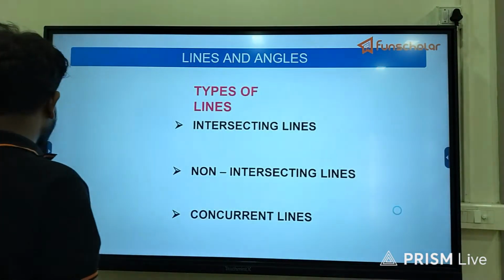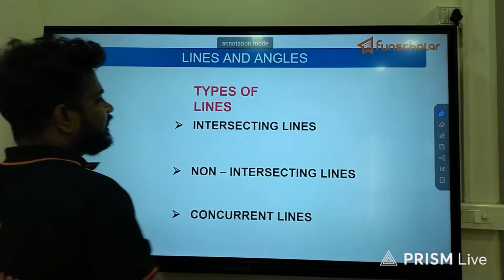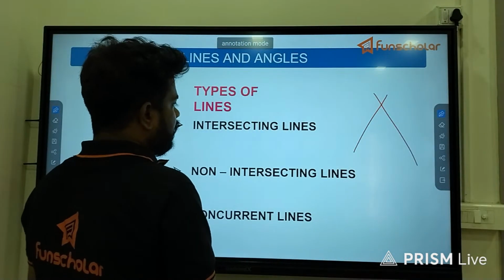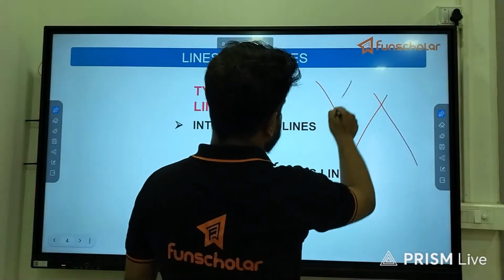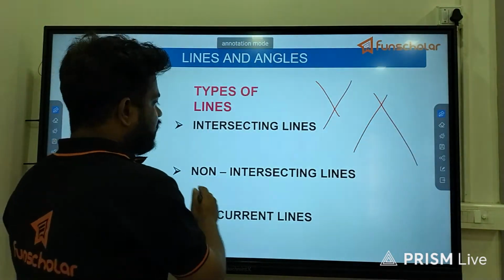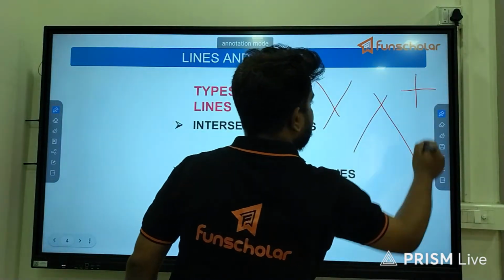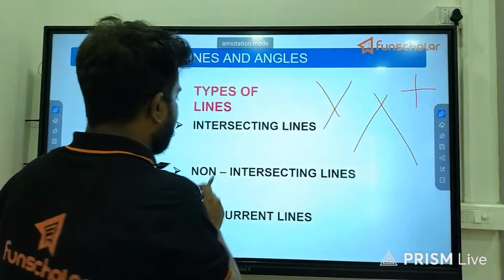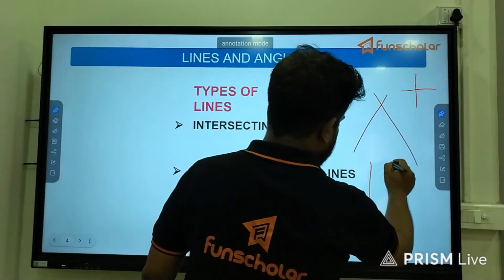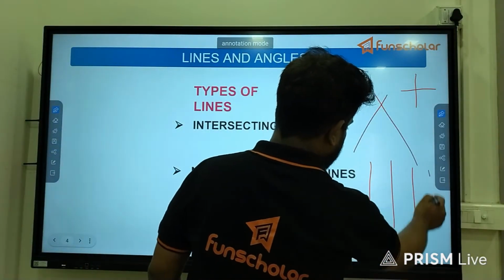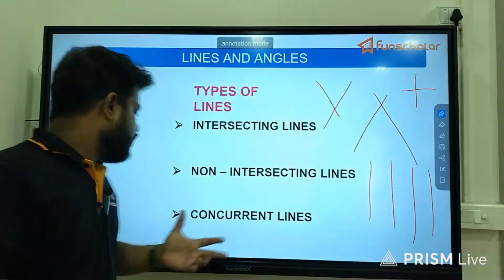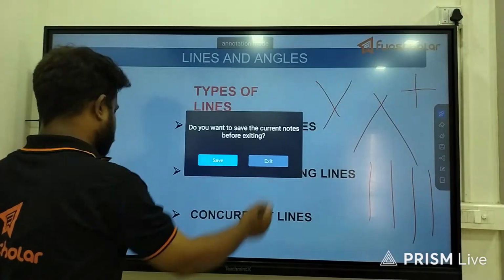First example, this one will be intersecting lines, or this one will be intersecting lines, or this type of line is also a type of intersecting lines. And non-intersecting lines means these types of lines are non-intersecting lines. Talking about concurrent lines, we will discuss it later.